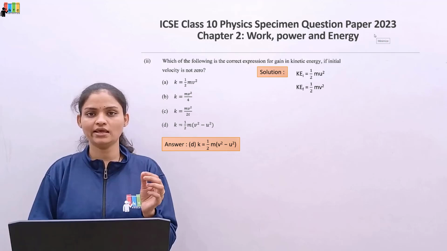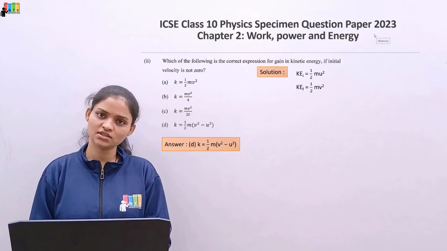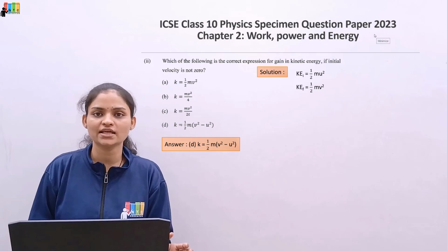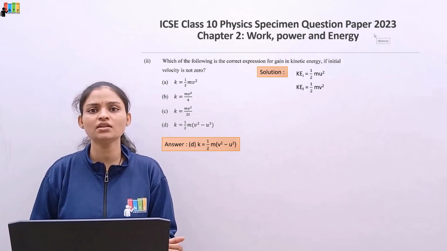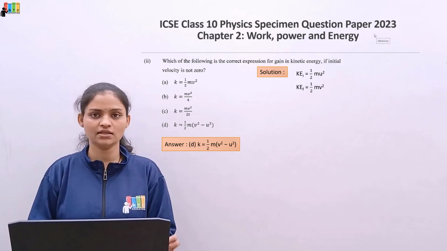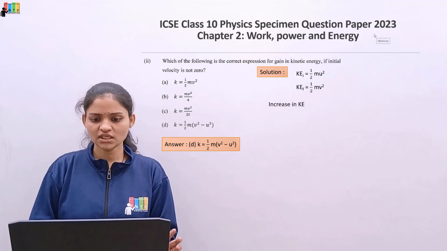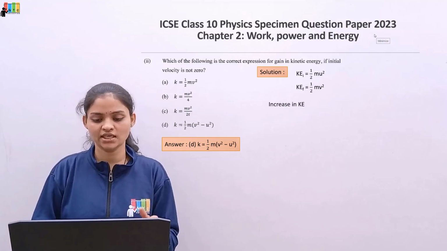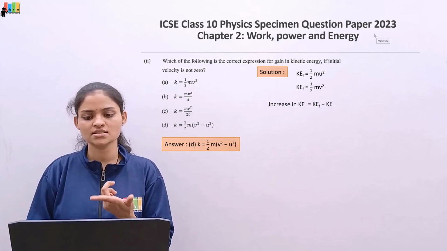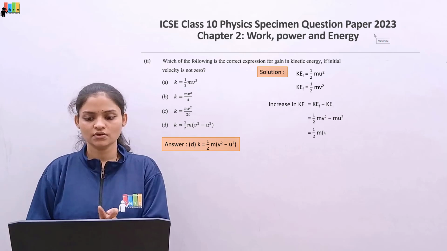What is asked? Gain in kinetic energy. So what will be the gain? The difference between these two. So the difference between final and initial kinetic energies will be equal to the gain in kinetic energy. Increase in energy or gain means there is an increase in kinetic energy, so you can simply subtract initial kinetic energy from final kinetic energy.